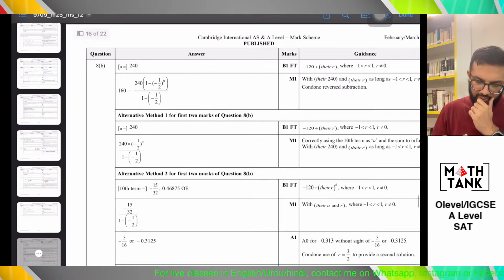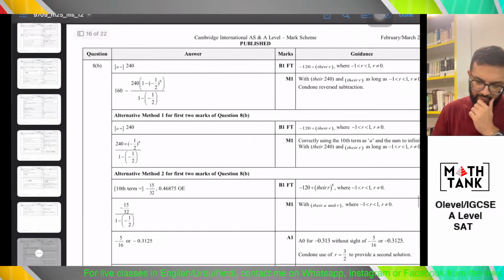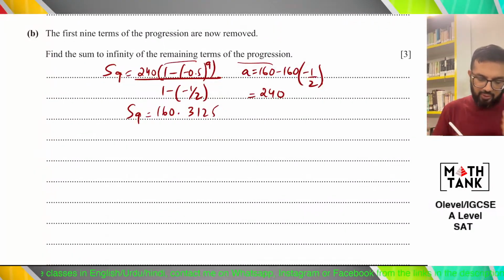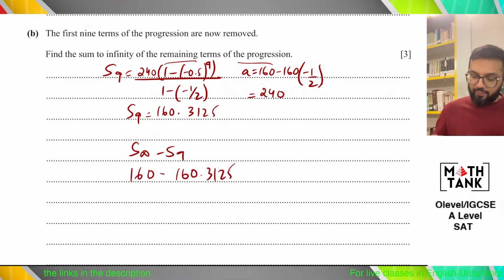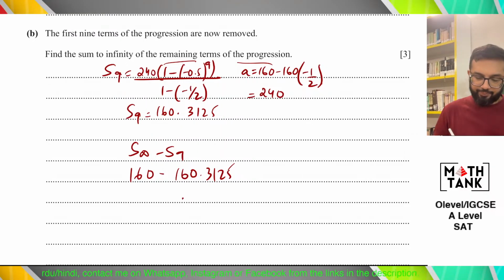Okay, yeah, I think my answer is correct. Then the sum to infinity of the remaining terms is the difference between sum to infinity and sum of 9 terms, 160 minus 160.5. What I was also confused about is yes, the sum to infinity can be a negative number as well, so that's absolutely fine because the terms might be negative. So a little confusing, but yes, that's the correct answer.